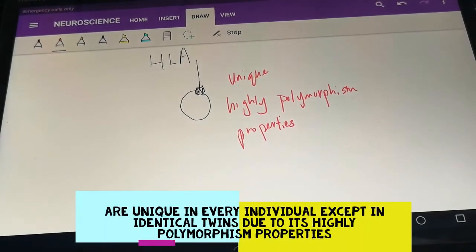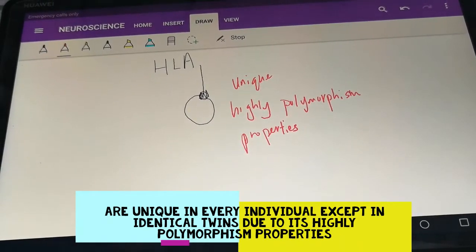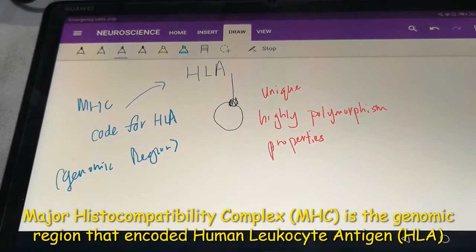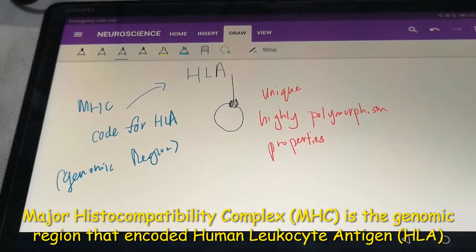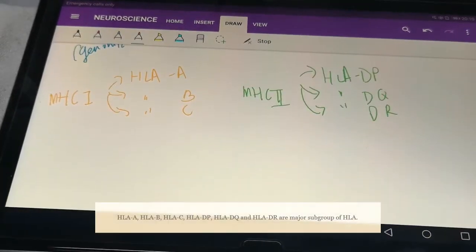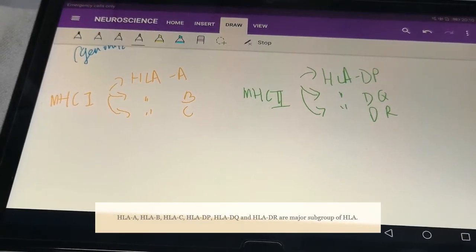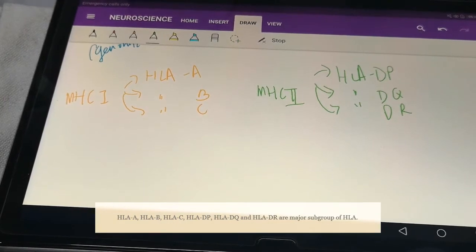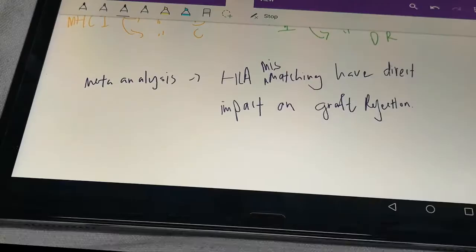HLA are unique in every individual except in identical twins due to their highly polymorphic properties. MHC is the genomic region that encodes HLA. HLA A, B, C, DP, DQ, DR are major subtypes of HLA.